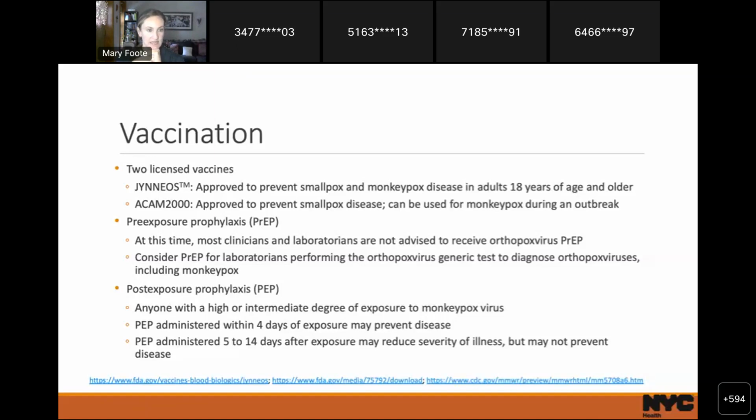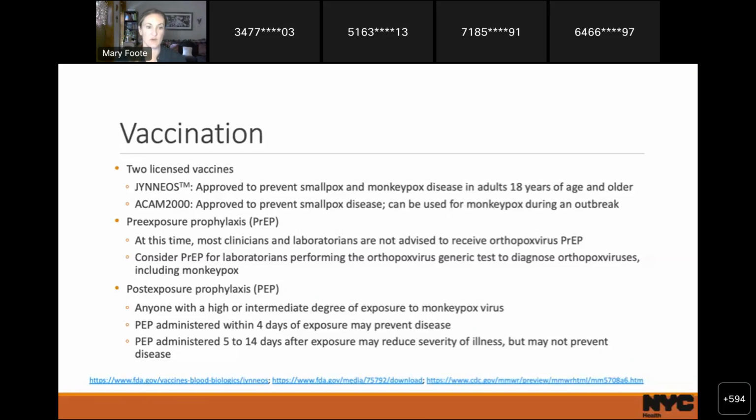The indications would be primarily post-exposure prophylaxis and pre-exposure prophylaxis. For pre-exposure prophylaxis, we're really not recommending it for most clinicians and laboratories, although there is recent ACIP guidance published in the MMWR with more details if you're interested to see who would be considered eligible.